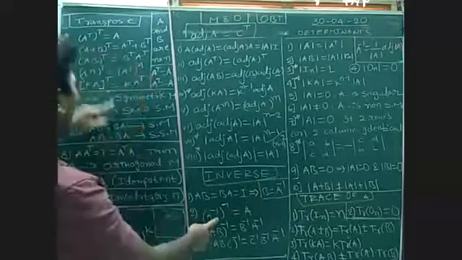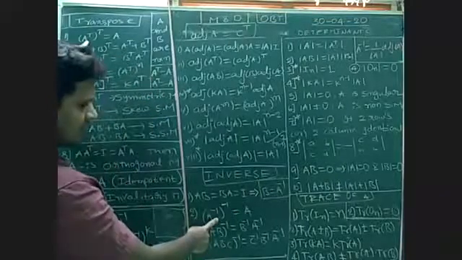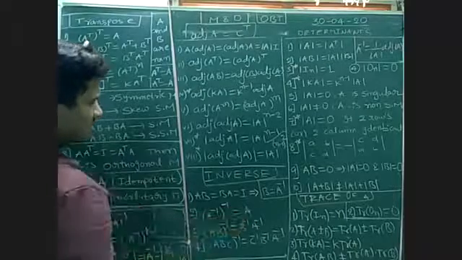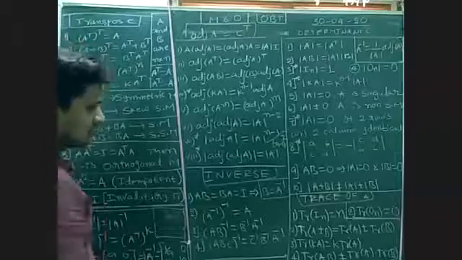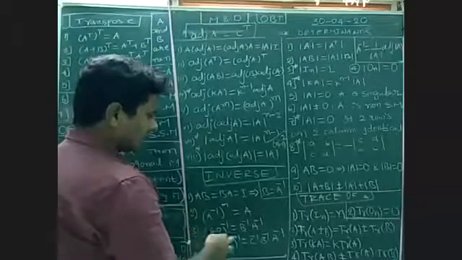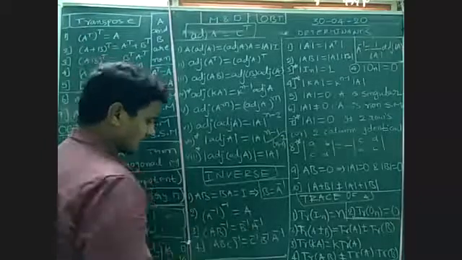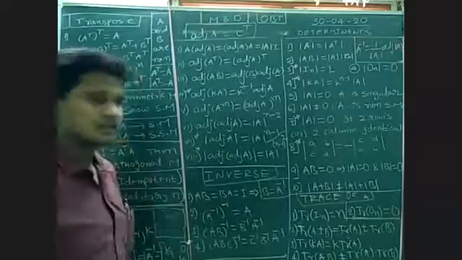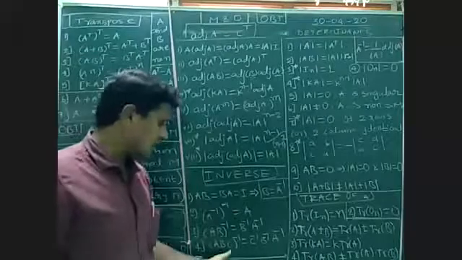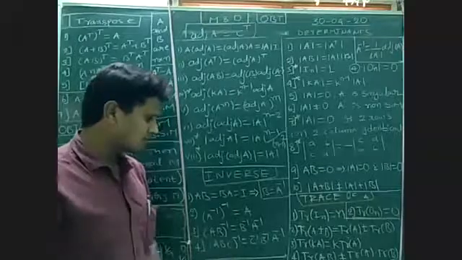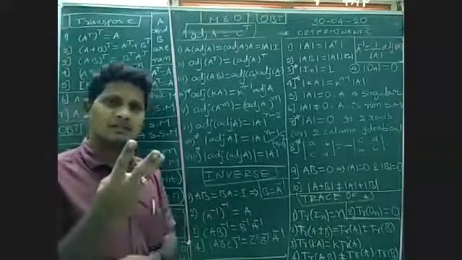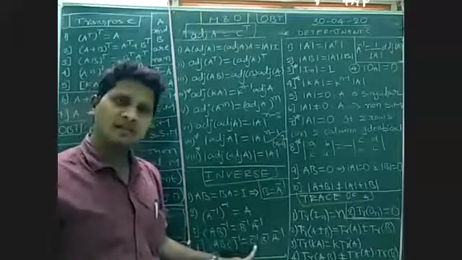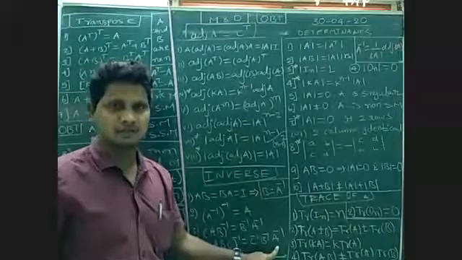Already we have seen that A inverse whole inverse is again A. In the same way, A power T whole power T is A. Then AB inverse is equal to first B inverse, then A inverse. If we are having three matrices A, B, C, sometimes in the exam they give 3 matrices and ask to find C inverse, B inverse, A inverse.